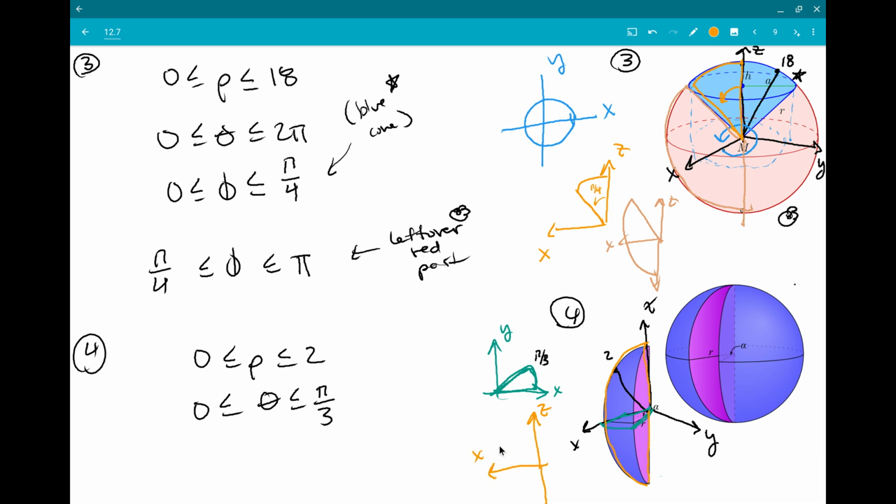Here's x, and then the shape we've traced out is like this. And so our phi starts at 0, positive z-axis is covered, and then goes all the way down to its upper limit of pi. Same way this one reached all the way down to the negative z-axis, so its upper limit was pi. This one has upper limit pi, but phi started from 0.